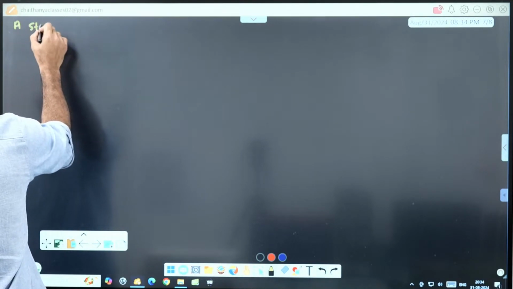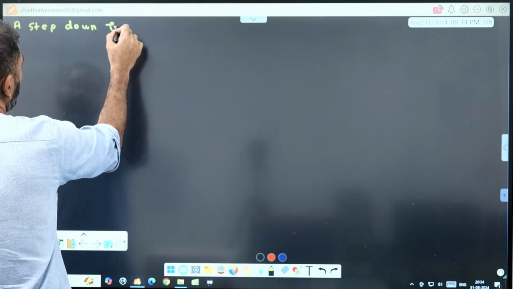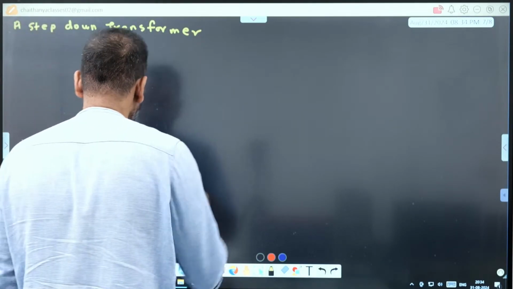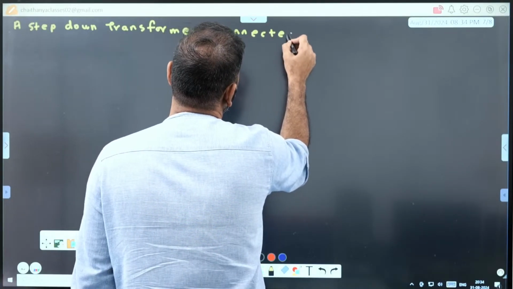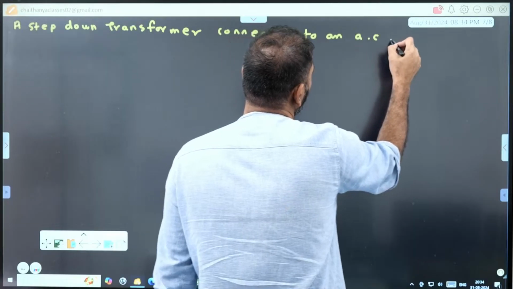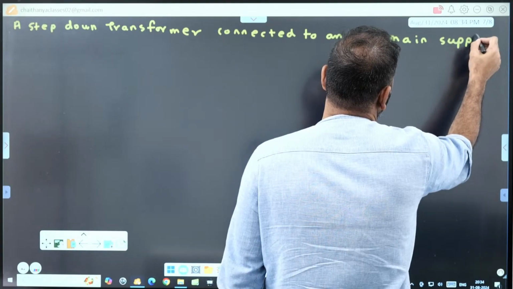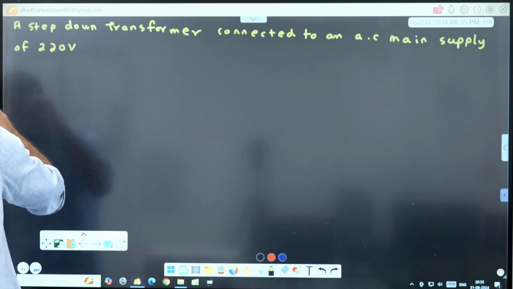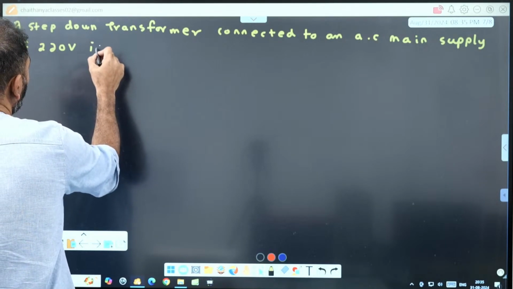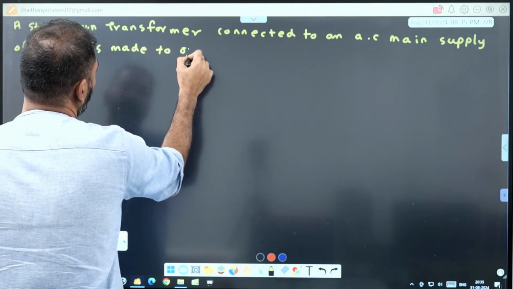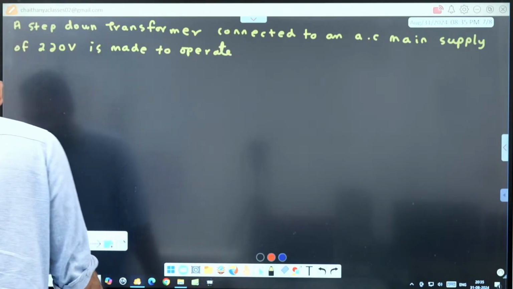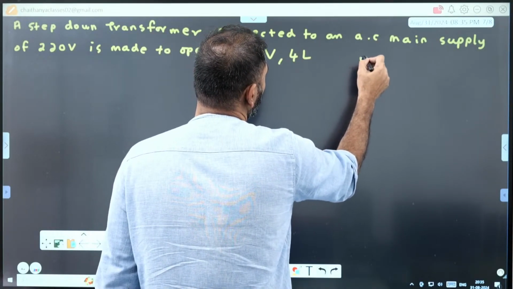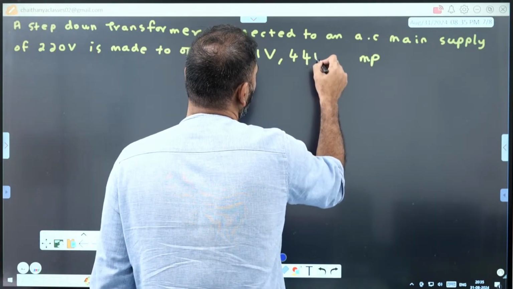A step down transformer connected to an AC main supply of 220 volt is made to operate 11 volt 44 watt lamp.